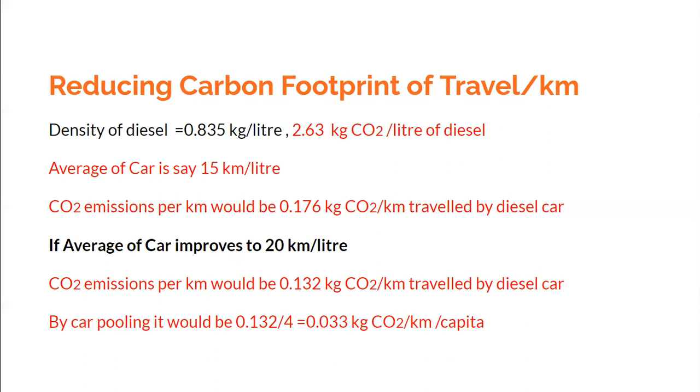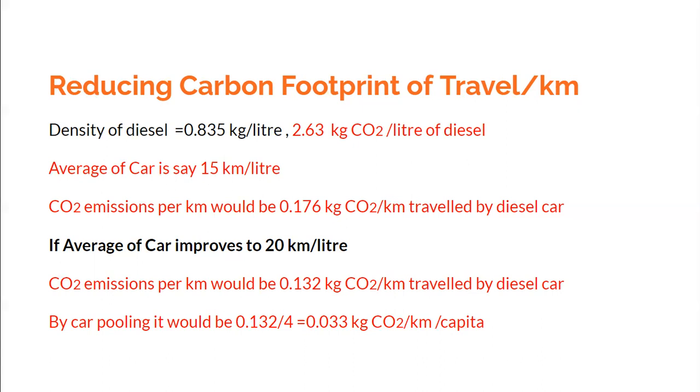And if you do that calculation, making an assumption of an average of 15 kilometers per liter, that number works out to be 0.176 kgs of CO2 for every kilometer traveled by a diesel car.